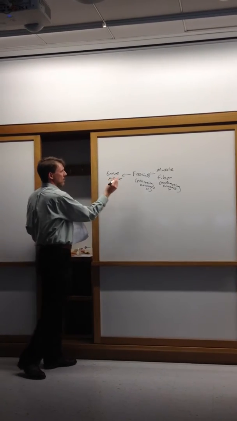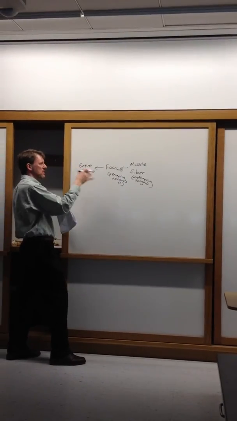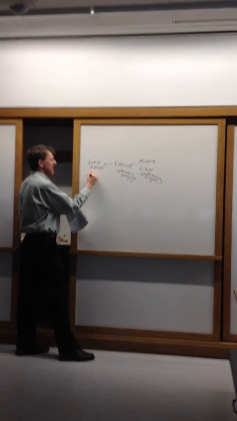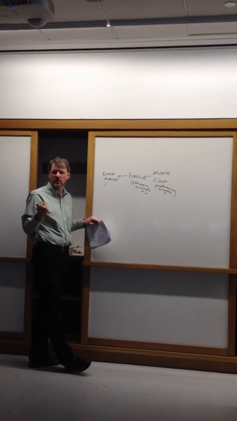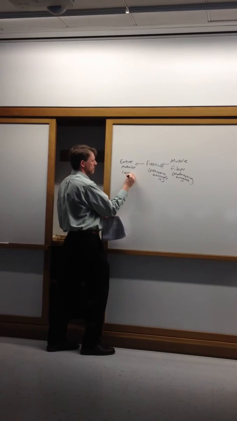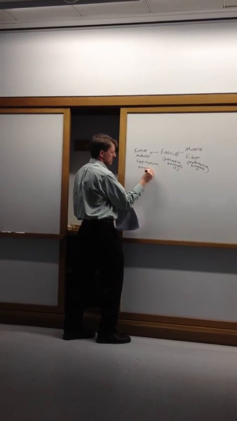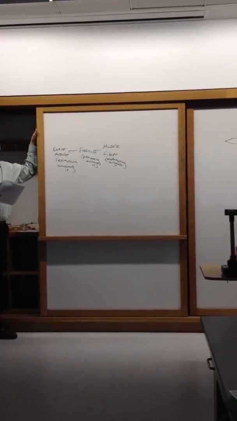So a bunch of muscle fibers together makes a fascicle. All of the fascicles together makes the entire muscle. What's the connective tissue layer that surrounds the entire muscle? The epimysium. That's what you learned in lecture today.